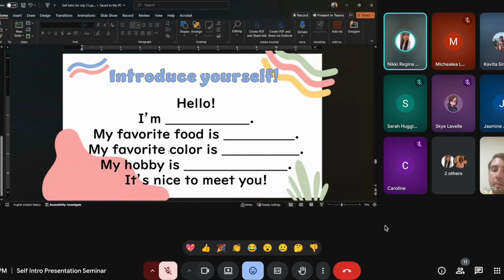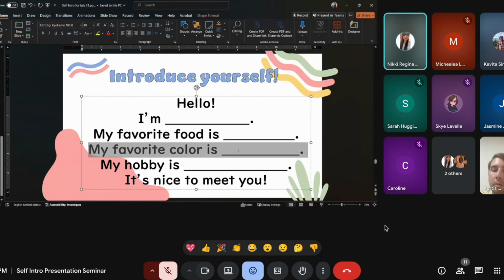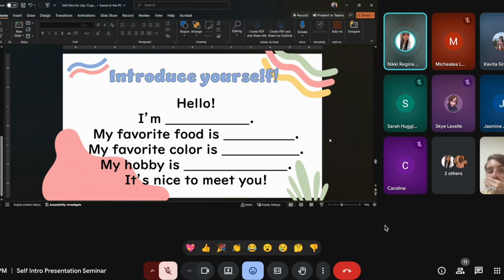If they find it hard, for example in junior high first year, maybe you can just choose two favorites. But I believe they already learned these sentences.